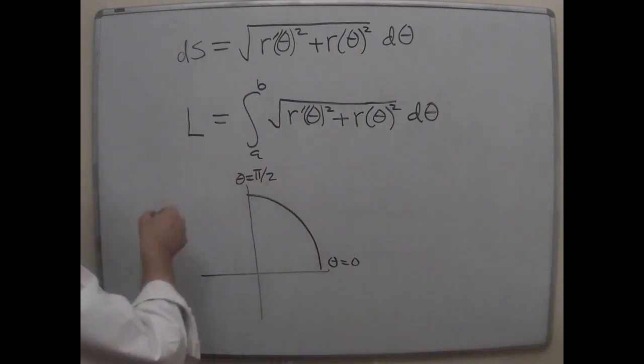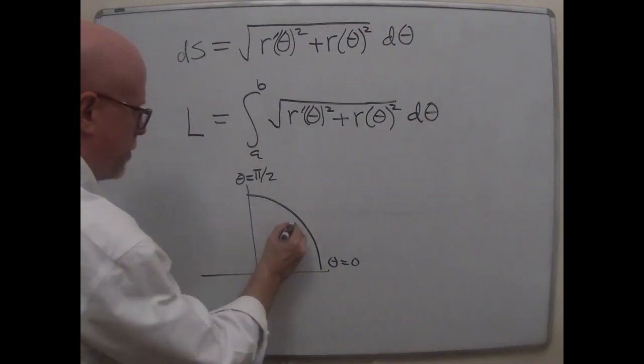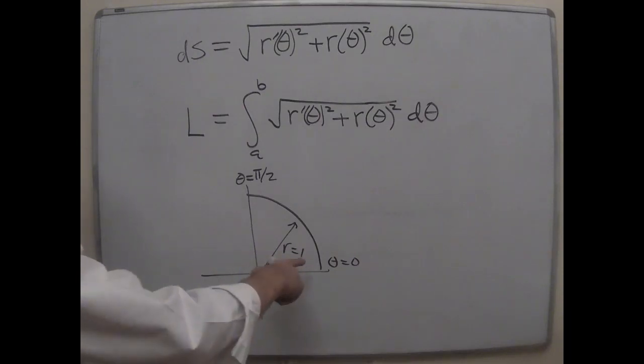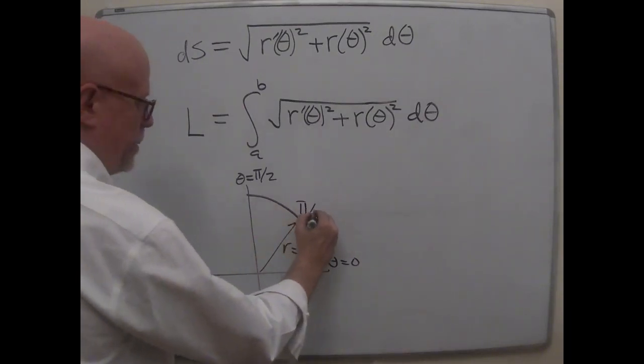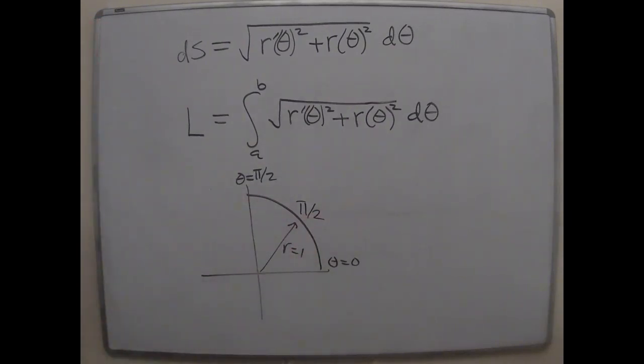The full circumference of a circle depends on the radius, doesn't it? But let's suppose we've got a nice radius, r is 1. The full circle is 2 pi, so this is pi over 2. In fact, we know that. That's what radian measure means, right? The arc length along a circle of radius 1. So we should get pi over 2.